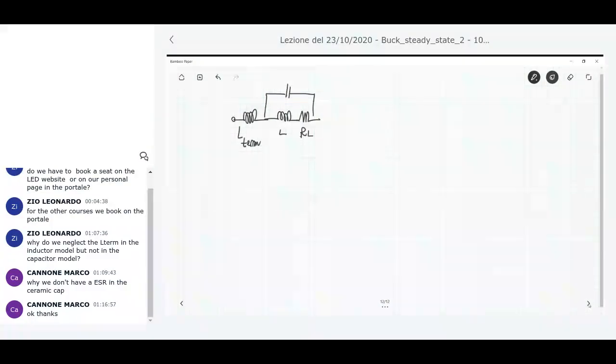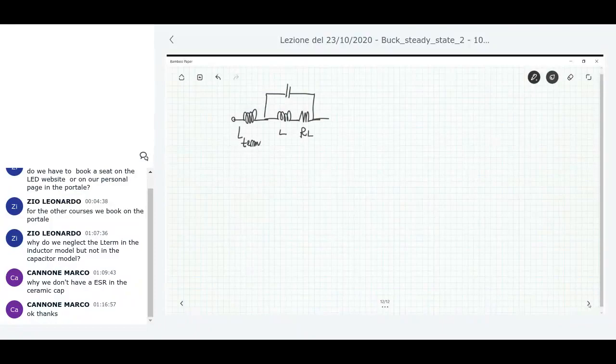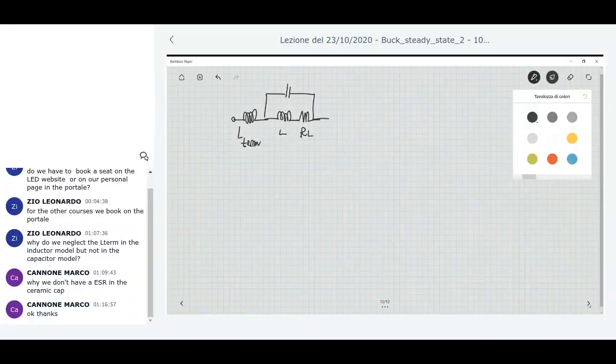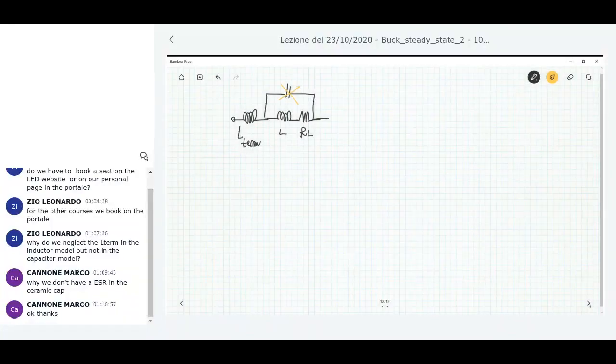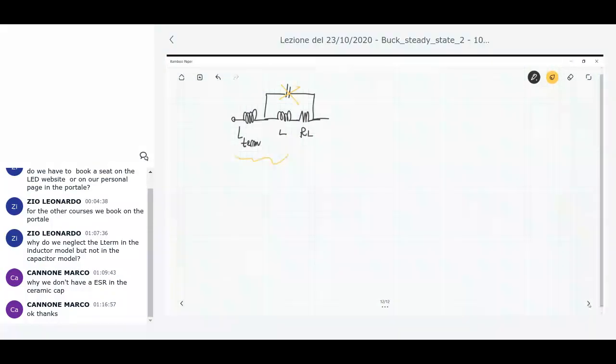Typically, for most applications, as I said before, the two capacitances that are in parallel here are negligible. So finally, my practical model for a real inductor is composed of two inductances in series plus a series equivalent resistance RL.